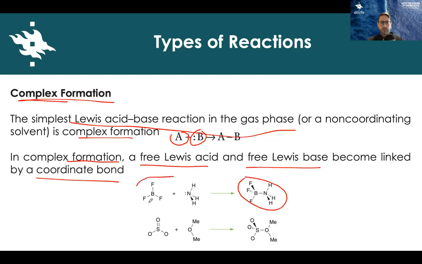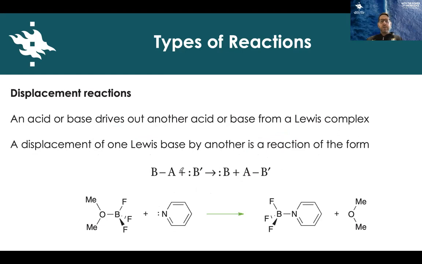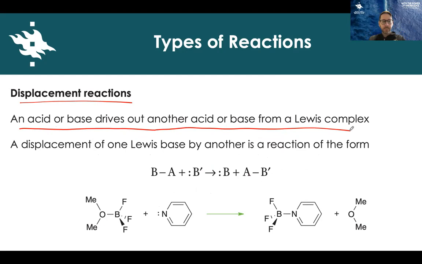So in this complex formation, a free Lewis acid and a free Lewis base become linked by a coordinate bond, as represented here. Another important reaction of Lewis acids and bases are displacement reactions, in which an acid or a base drives out another acid or base from a Lewis complex. So Lewis complex here refers to this acid-base adduct.